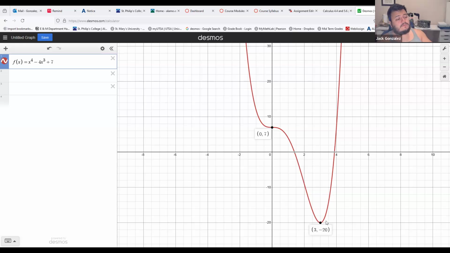Inflection point at 0, 7, minimum at 3, negative 20, or local minimum. In this case, it's a global minimum, but do you see what we're doing here?